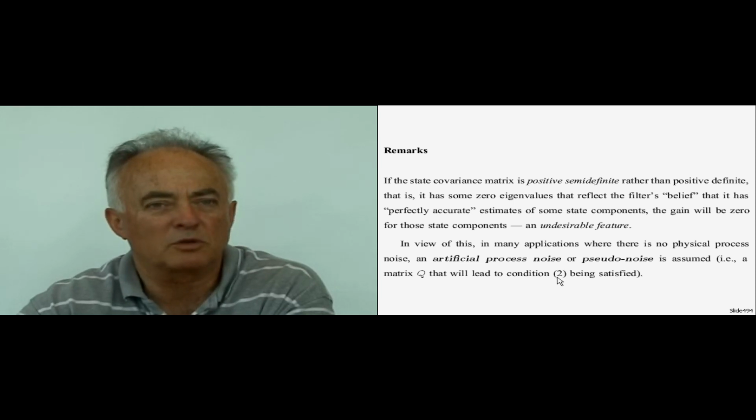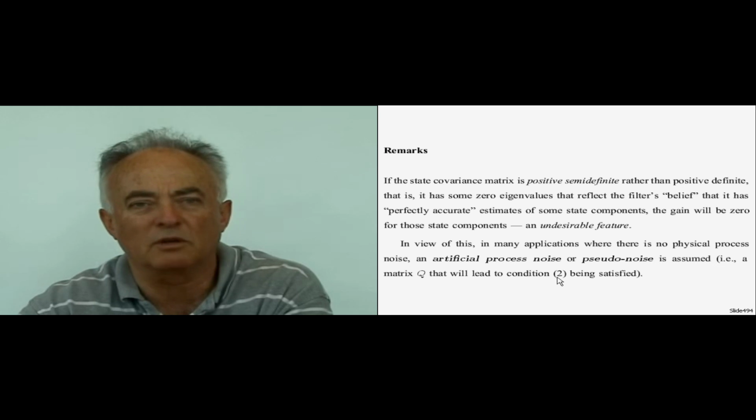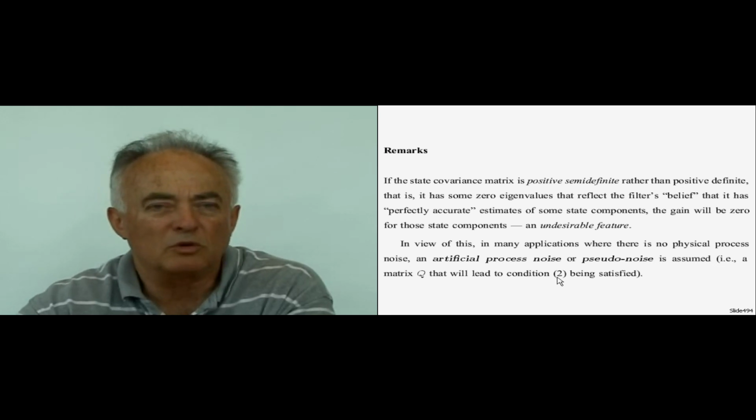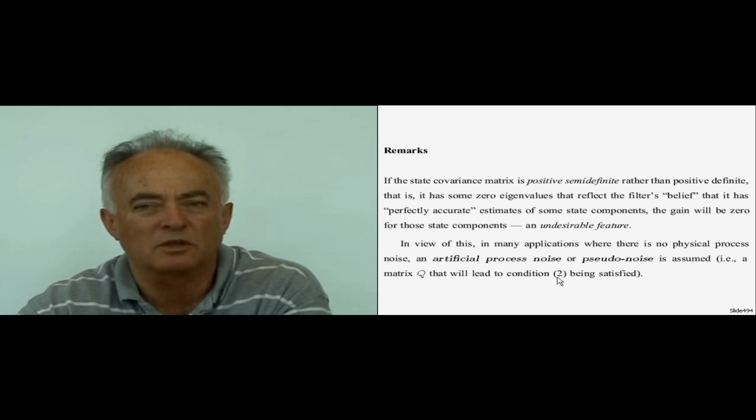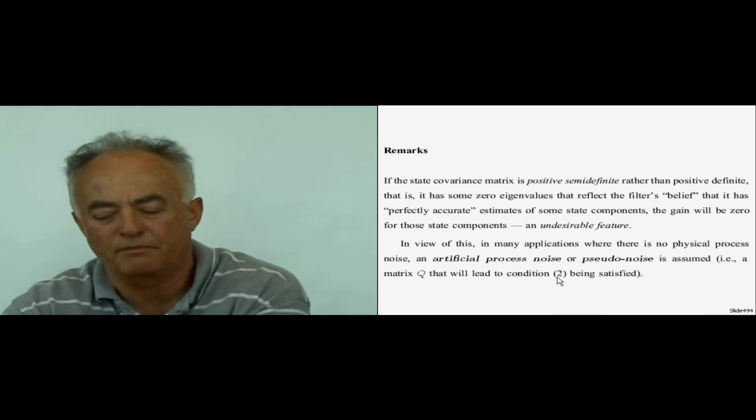This is important because this prevents the filter from shutting down. Gain going to 0 means the filter has shut down, and you don't want that, because you know that you are bound to have made some errors, either modeling errors or some numerical errors, and therefore you want to be able to continue using new data. You don't want the filter to shut down.